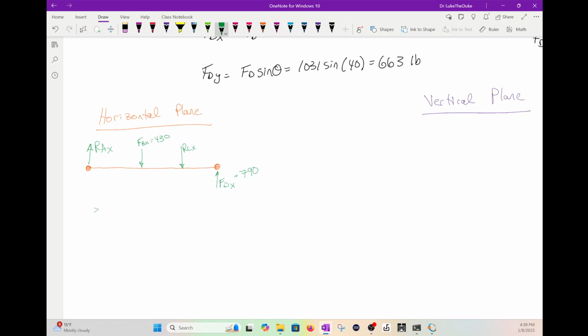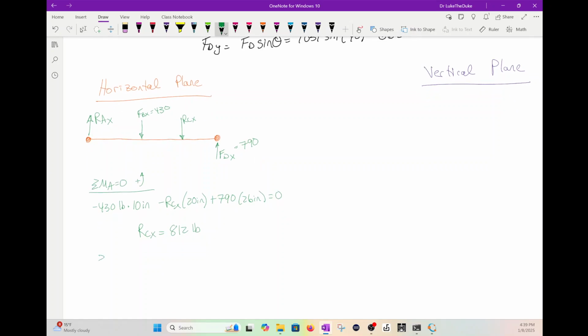So sum the moments at A, set it equal to 0. We have minus 430 pounds times 10 inches minus RCX times 20 inches plus 790 times 26 inches equals 0. We find this reaction to be 812 pounds.